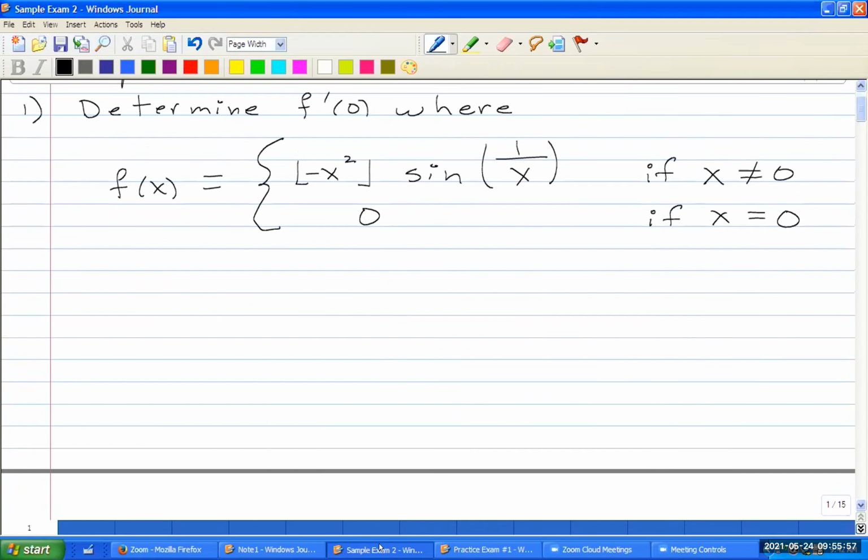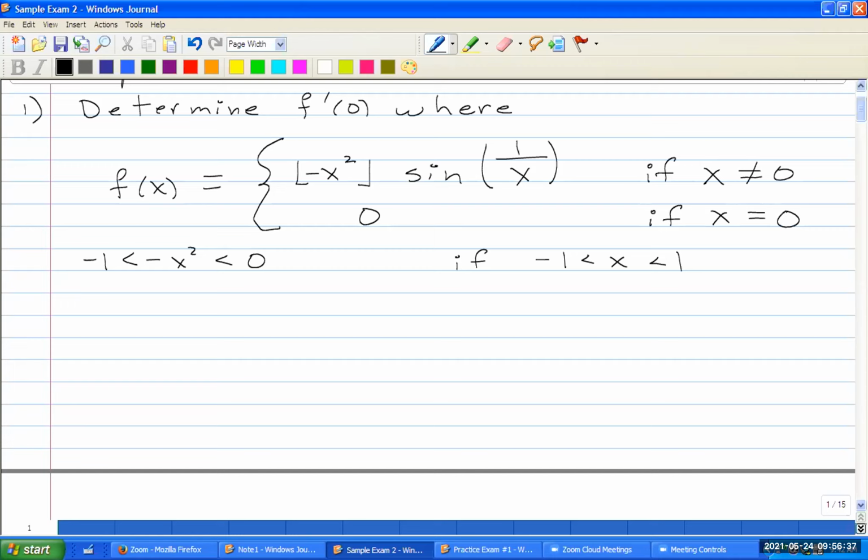And so negative x squared is between -1 and 0 if x is between ±1. So if x is between ±1, obviously x squared is going to be between 0 and 1, and negative x squared will be between -1 and 0.